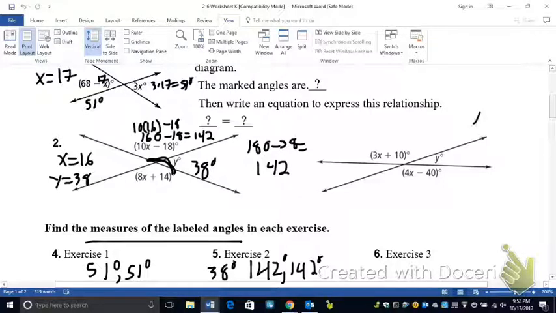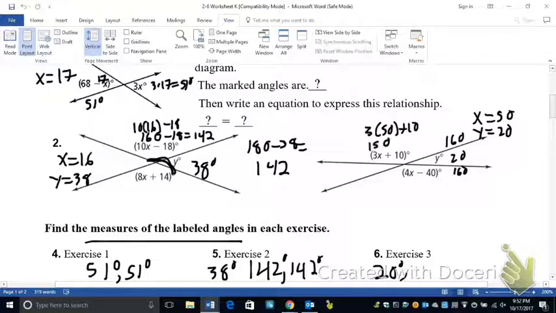For number 3, x equals 50, and y equals 20. So again, we can just plug the 20 in there and go, well, if that's 20, then the other one's 180 minus 20, or 160. Or we can plug the 50 in. 3 times 50 plus 10 gives us 150 plus 10, or 160.